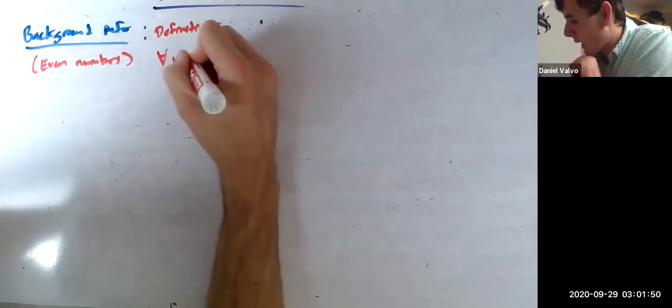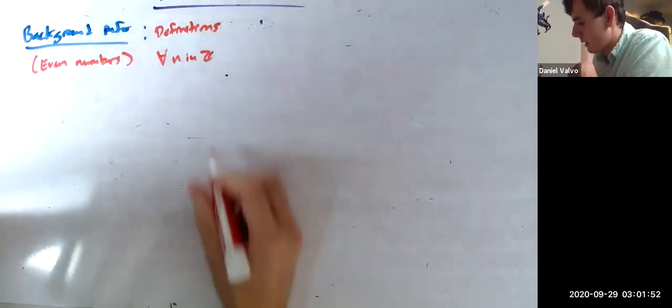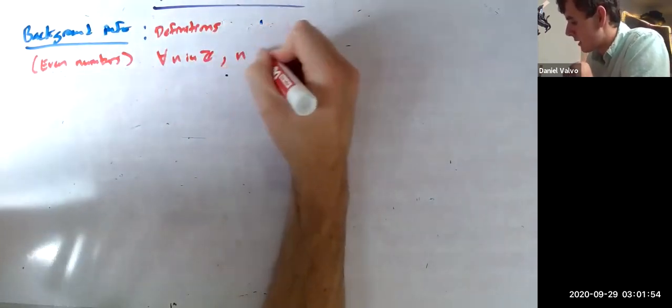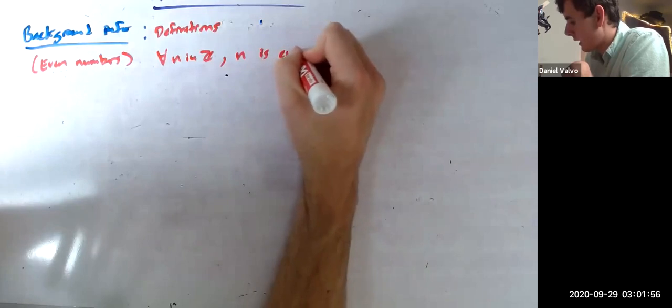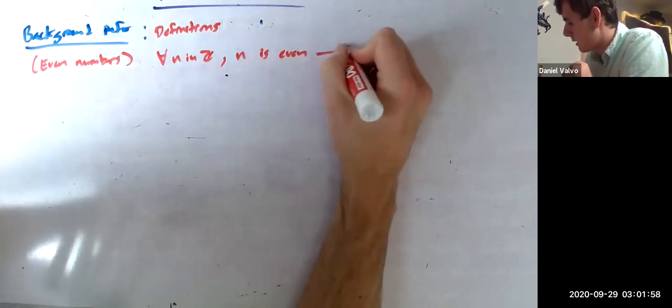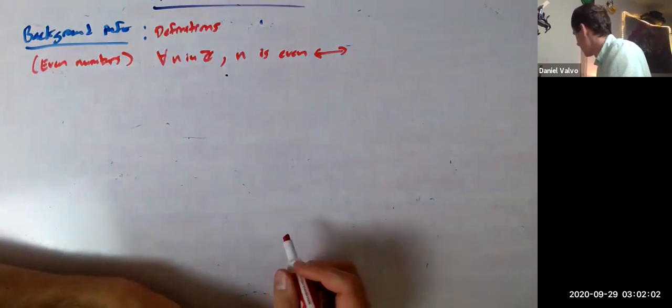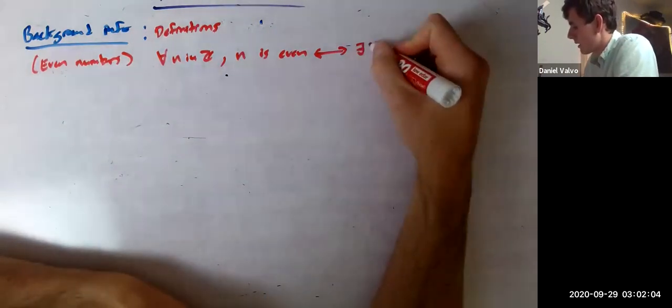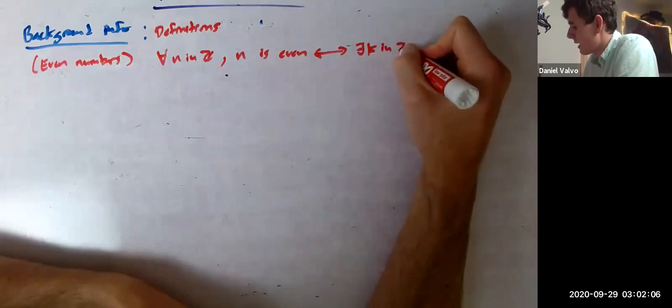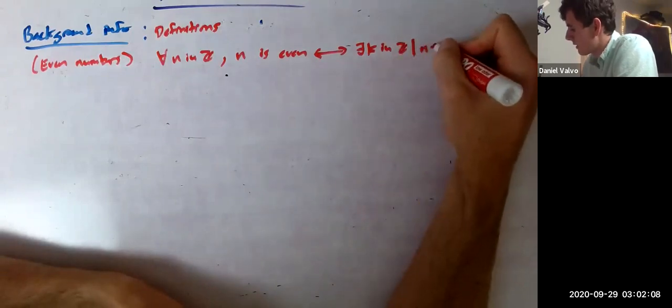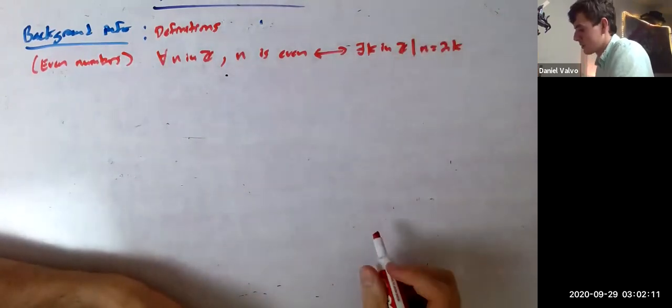For all n in Z, n is even if and only if there exists a k in Z such that n equals 2k.